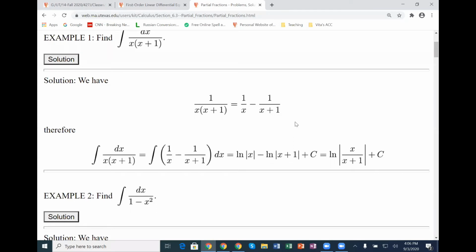Here we just play with algebraic expressions and conclude that indeed this is equal to this. 1 over x minus 1 over x plus 1 is identically equal to this, because if you find a common denominator, if you multiply top and bottom here by x plus 1 and top and bottom here by x, on the top you will get x plus 1 minus x, which is indeed 1.